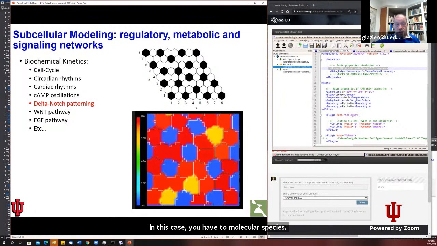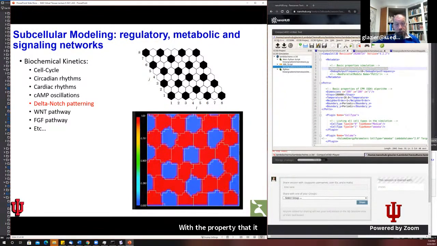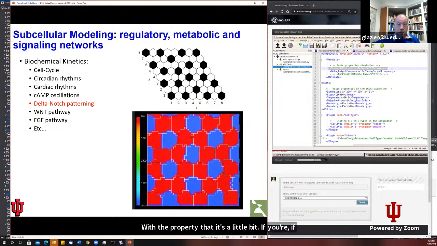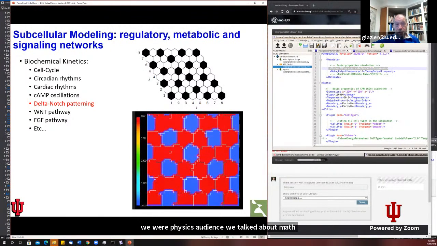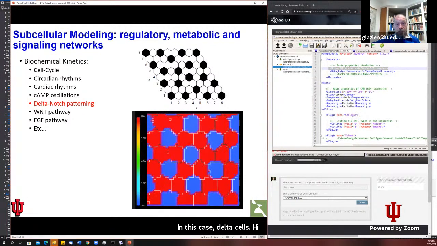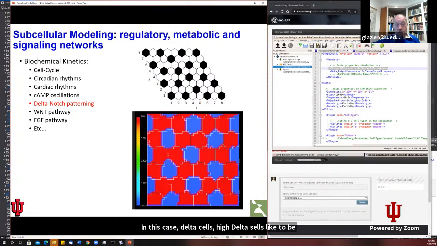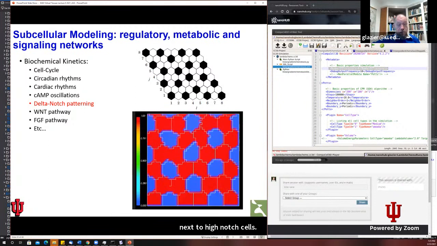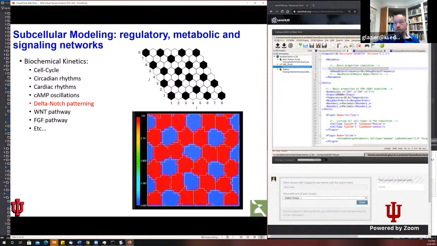With the property that it's a little bit, if we were a physics audience, we'd talk about magnetism. We call ferro and ferrimagnets. In this case, high delta cells like to be next to high notch cells, and vice versa. But high delta cells don't particularly like to be next to other high delta cells, and high notch cells don't particularly like being next to high notch cells.